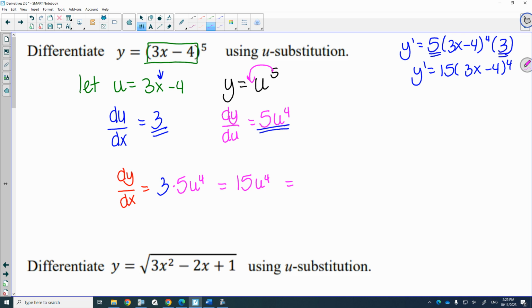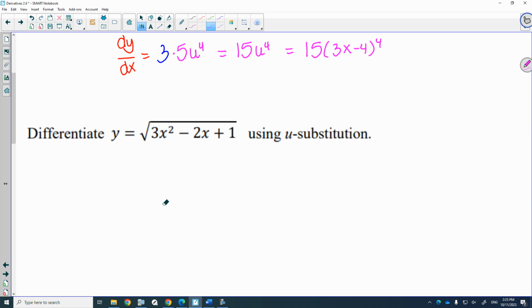And from here, substitute back in u. So from here, it would be 15, 3x minus 4 to the 4, which is exactly what we knew it would be. Okay? So this one we could easily do by just the chain rule, but let's do u substitution.